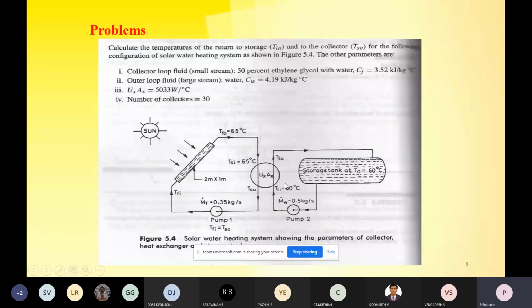You would have studied that in heat transfer and heat exchanger problems. When you write a general equation for this heat exchanger, Q dot will be m dot F CF into TSI minus TSO, equal to m dot W CW into TLO minus TLI.